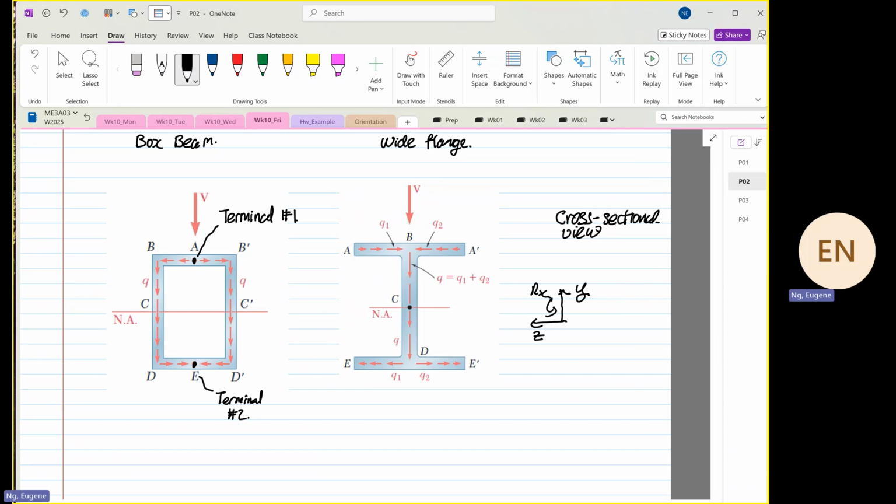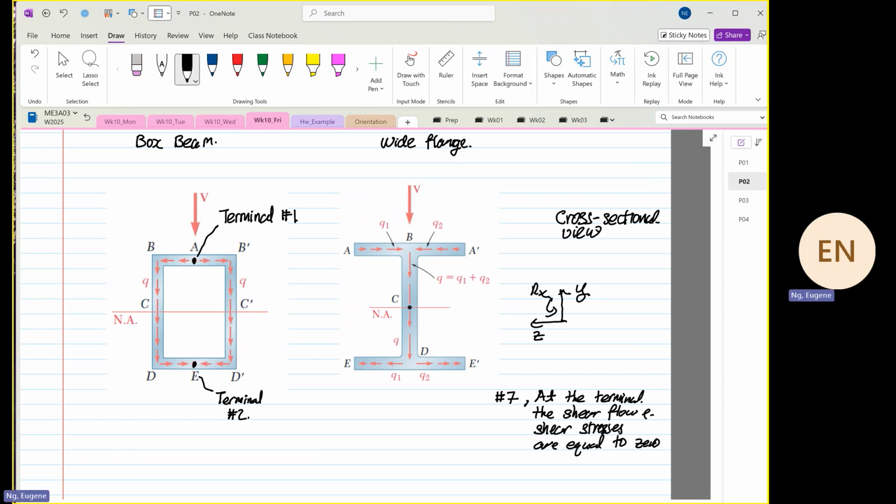And I will declare this rule number 7. Is that at the terminal, the shear flow and shear stress are equal to 0. Okay. That's the first thing.